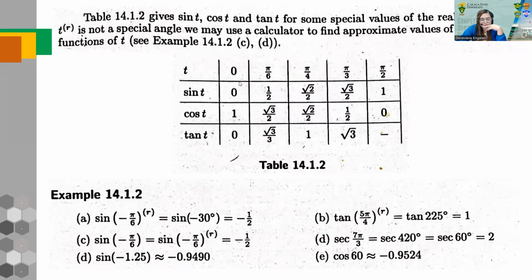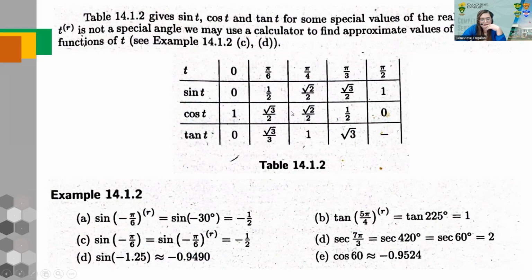Okay, so from this table you have sine t, cosine t, and tan t of these angles: 0, pi over 6, pi over 4, pi over 3, and pi over 2.